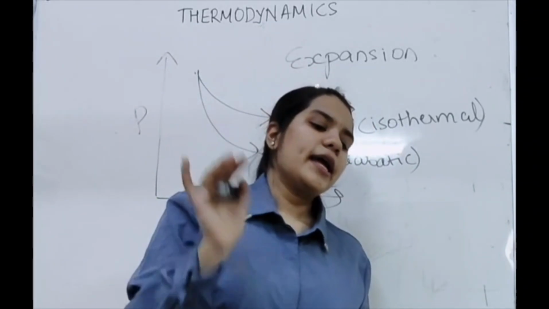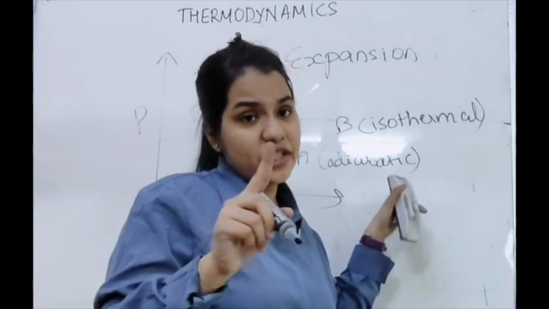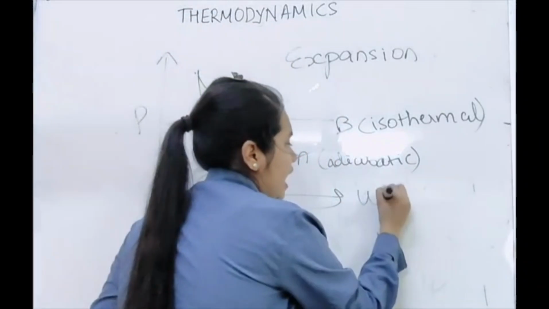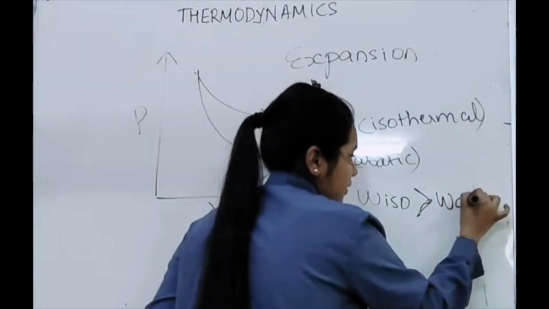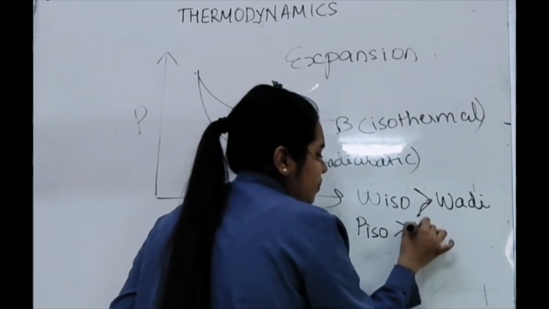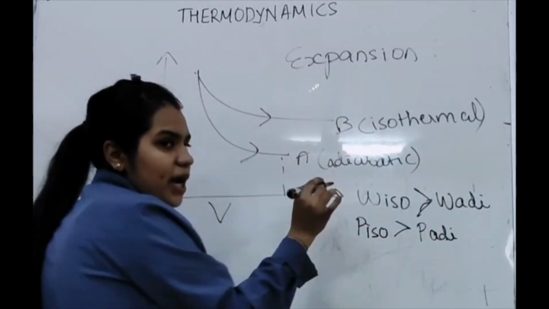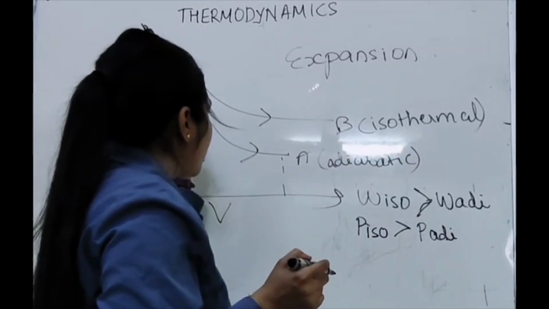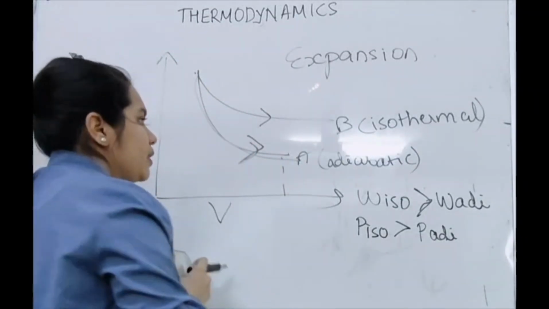You have to see how much pressure is there. In adiabatic expansion, the pressure drops so quickly. So the work done in isothermal is greater than the work in adiabatic in expansion. The pressure in isothermal is greater than the pressure in adiabatic, but which is more steep? Adiabatic. So always remember, in expansion, the curve at the bottom is the steeper one.